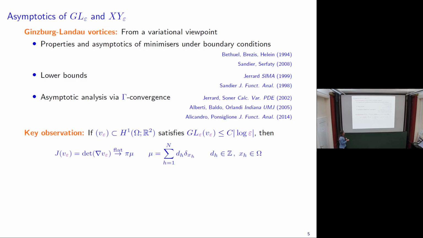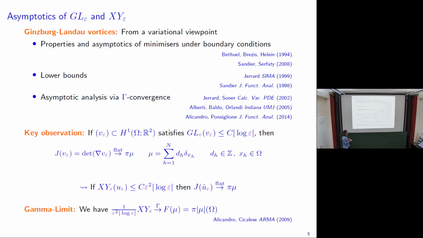Since you have this compactness result for the Ginzburg-Landau energy, and you have the bounds on the comparison between the XY and the Ginzburg-Landau, once you know that you have a discrete configuration which satisfies this energy bound, where eta epsilon in our setting would be epsilon squared log epsilon, then you know that the Jacobians of the piecewise constant interpolation will converge flatly to such a measure.